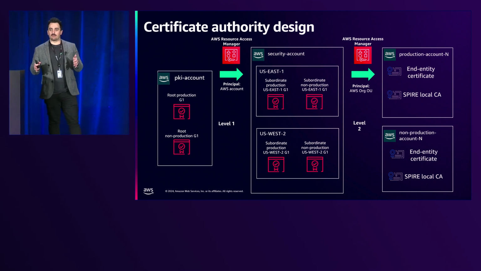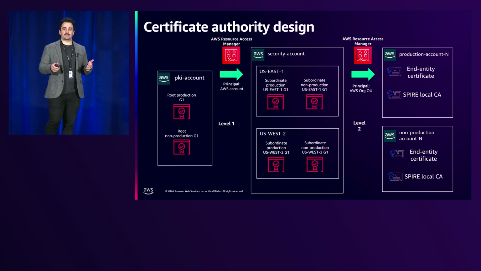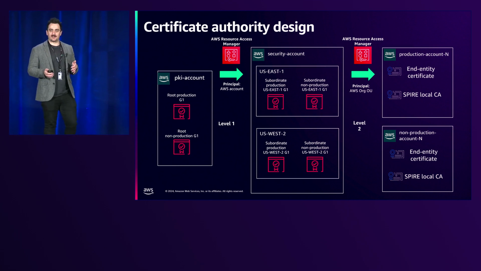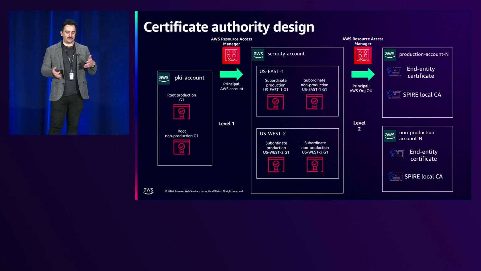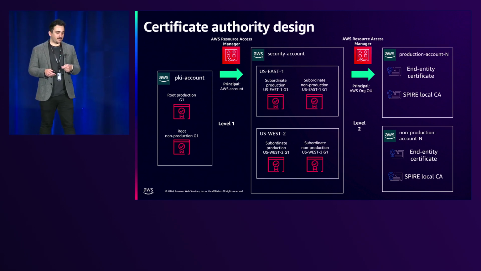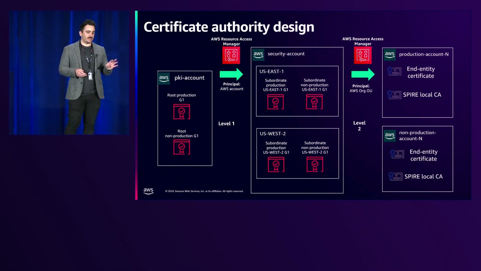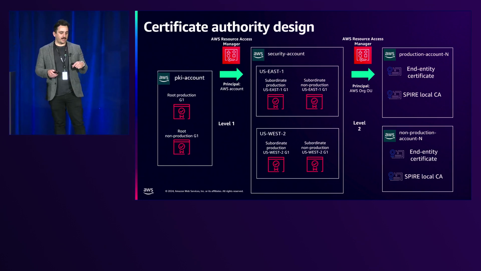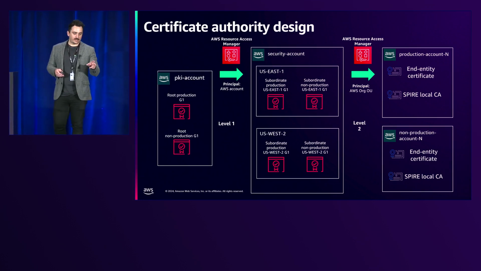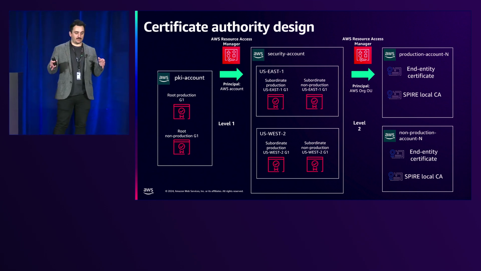Though we do have more than just two environments, from our perspective it made sense to not overly complicate our certificate authority hierarchy, given the needs of our customers as well as our internal platform teams. Over here to the right, we put our root certificate authorities into their own AWS account, in this case a PKI account. From there, using AWS Resource Access Manager, we shared the root certificate authorities to our security engineering AWS account.